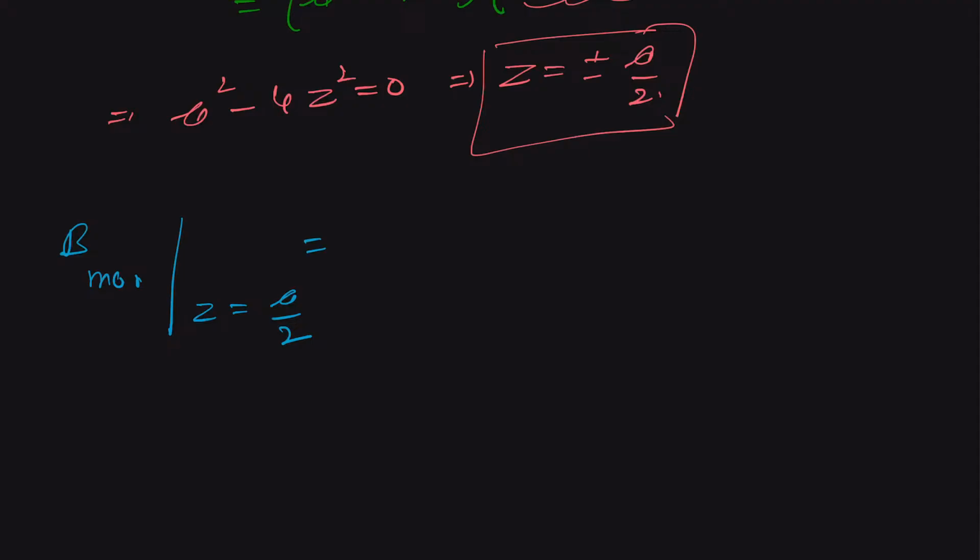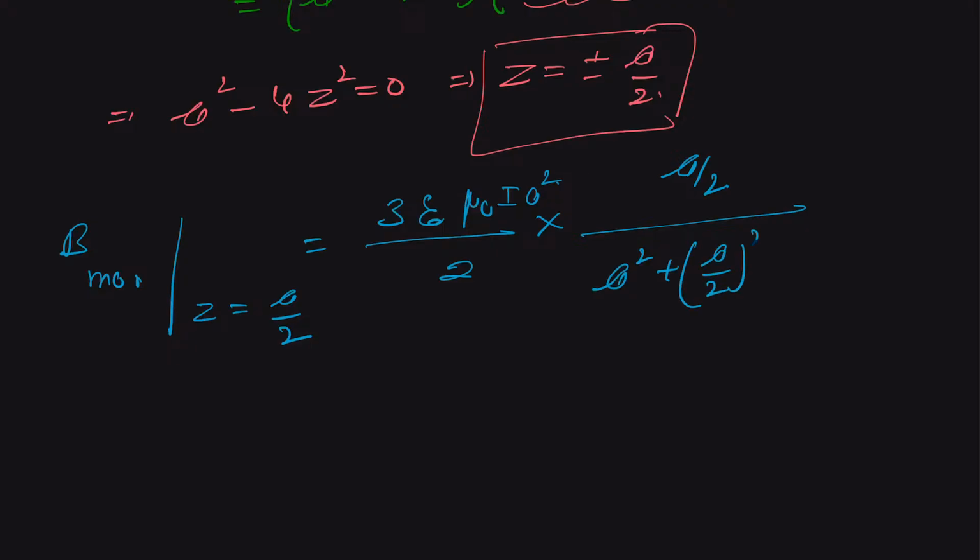So this will be equal to 3 epsilon naught mu naught I a square divided by 2 times, this comes as our a by 2 and a square plus a by 2 whole square, and the whole raised to power 3 by 2.